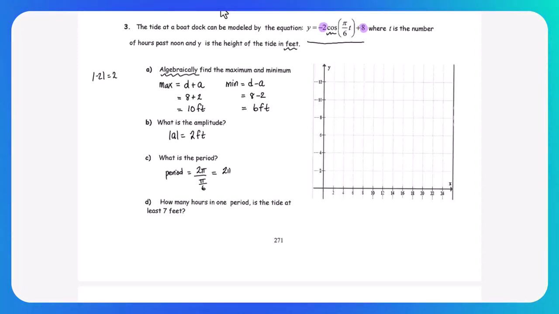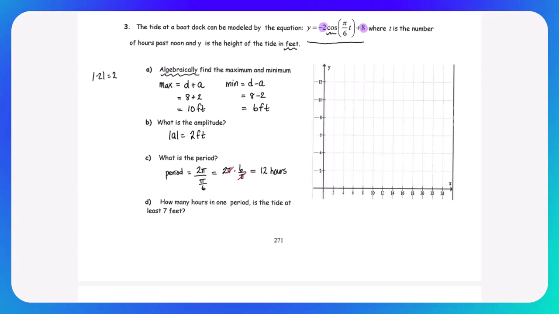So we're going to say 2 pi times 6 over pi. And we know that when one pi is up and one pi is down, we can cancel those out. And then we can say 2 times 6, which is 12. And time or period is in hours. So the period is 12 hours, which kind of makes sense when you think of tide because tide changes a few times a day. So every 12 hours, and that means we get this cycle repeating itself twice in a 24-hour period.